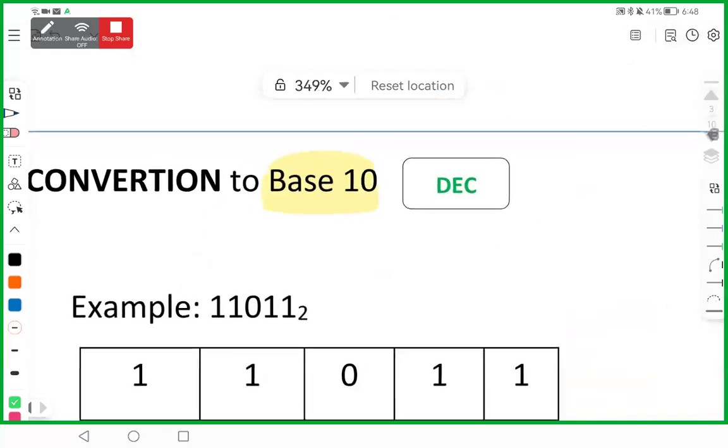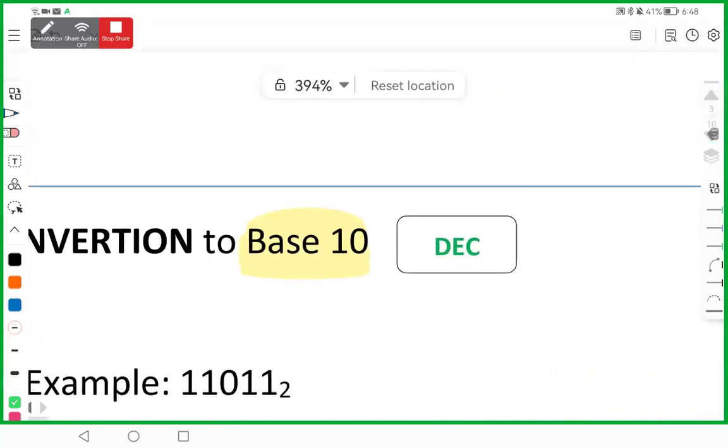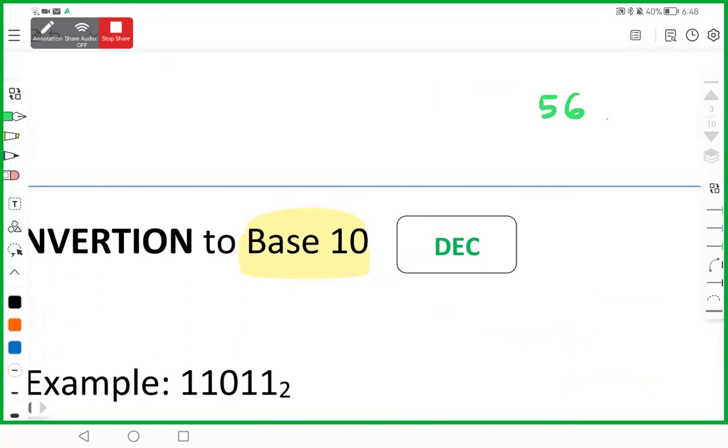Okay, so example here, 11011 in base 2. We have to read the digit value and place value here first. Let me write a number in base 10 first.